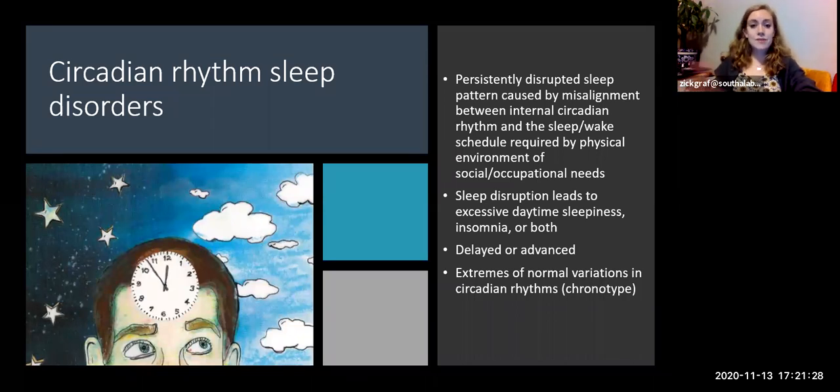But this is a case where someone's completely normal biology just doesn't fit in with their society. And so that's really the only cause of the problem. Not that different from the paraphilias that we just talked about. Circadian rhythm sleep disorders, specifically phase delay, where you can't go to sleep until really late at night and you can't wake up early in the morning, is very common in adolescents. It's less common in adults.